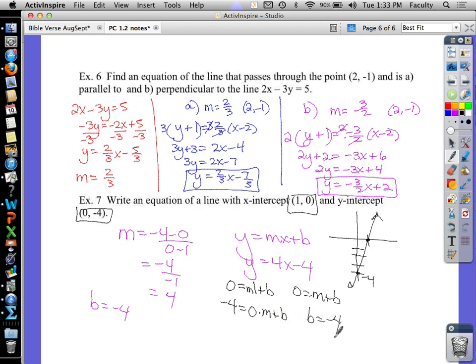But that produced b was -4. He plugged it in and got that m would have to be 4. Do you know what he was doing here? This is something you've done in Algebra 1 and Algebra 2. He didn't realize he was doing it. That's a system of equations, isn't it? And I was like, how cool. So we saw it graphing, we saw y equals mx plus b, and we saw even a system of equations. So there's not just one way to do that.